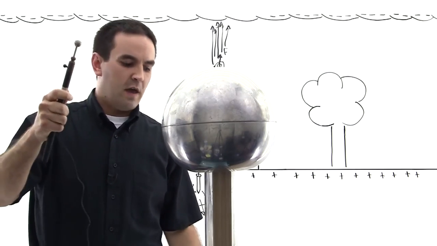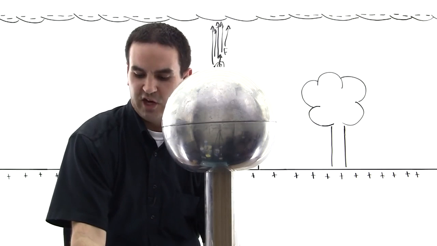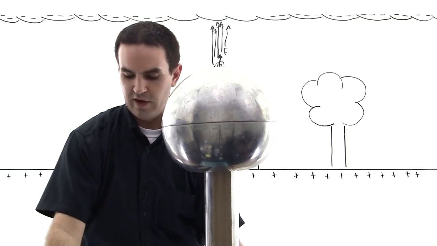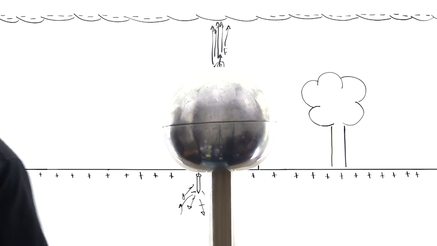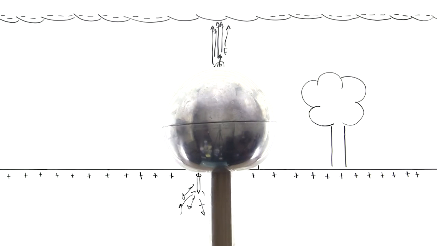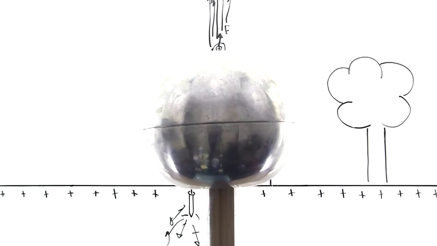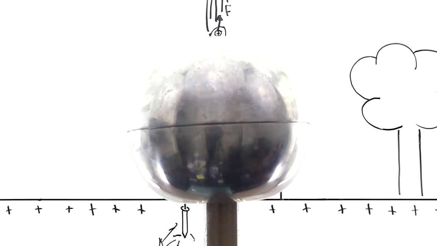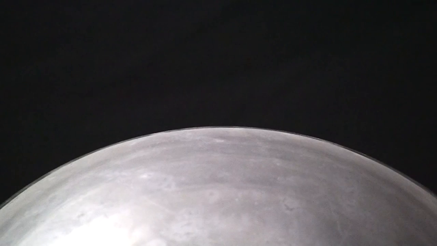Okay, so we're going to turn this on, and I'm going to change some settings on the camera to make it easier for you to see. I'm going to zoom in here. Okay, we're back. I adjusted some settings on the camera and also lowered the lighting in the room.